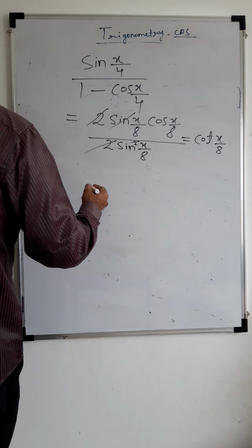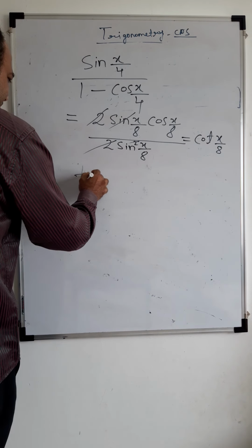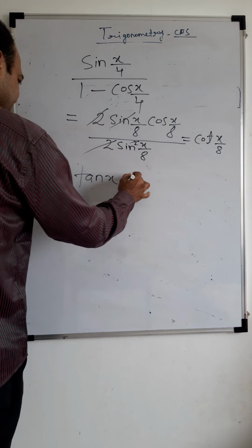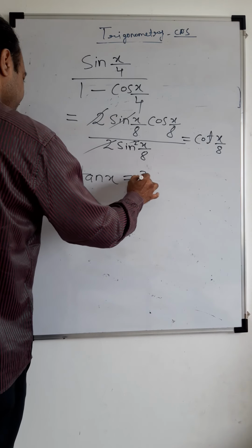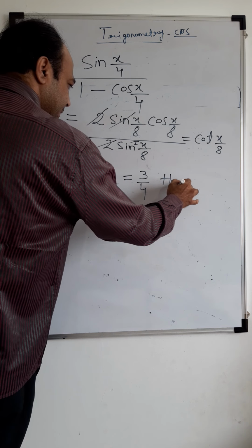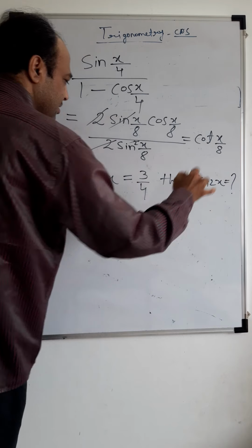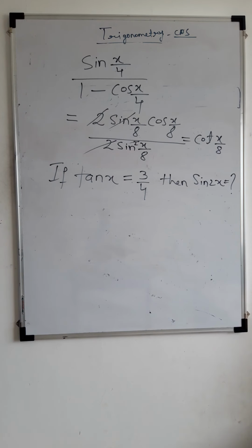Now we'll move to some other problem. We have: if tan x is equal to 3/4, then sin 2x is? If tan x is 3/4, then what is going to be sin 2x? ठीक है?